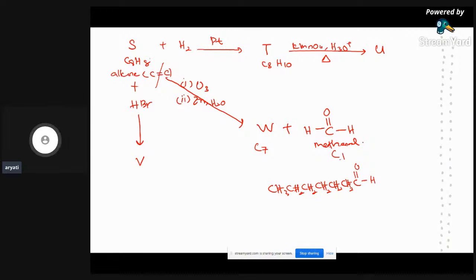Sedangkan hidrogen kat sini 8 je. Kalau C7, H 1, 2, 3, 4, 5, 6, 7, 8, 9, 10, 11, 12, 13, 14. 14 tak cukup. So maksudnya dia bukan straight chain. Dia bukan open chain. So kita kena cuba lukis yang lain pula.